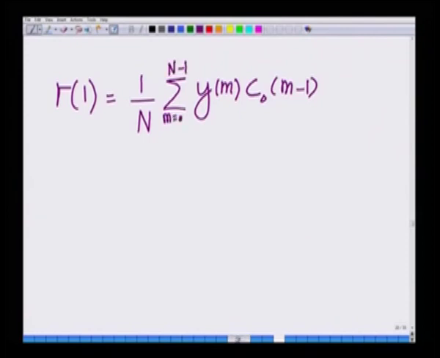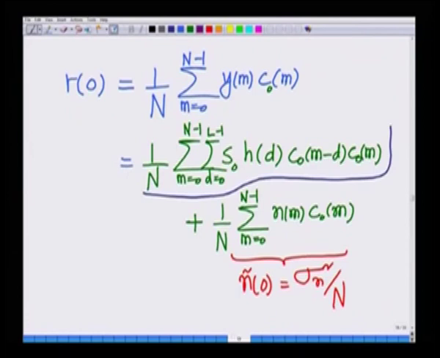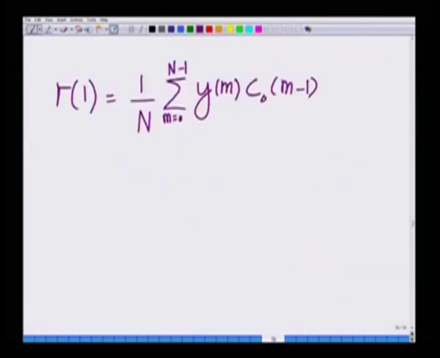That is, instead of correlating with C0 of m, I will shift the code sequence by one chip and correlate Ym with this shifted sequence.